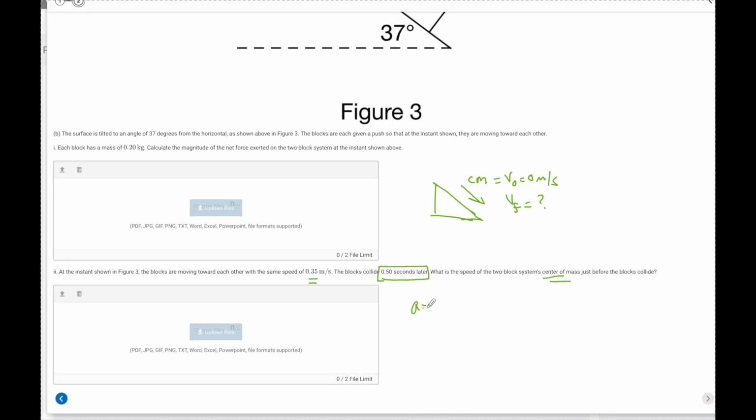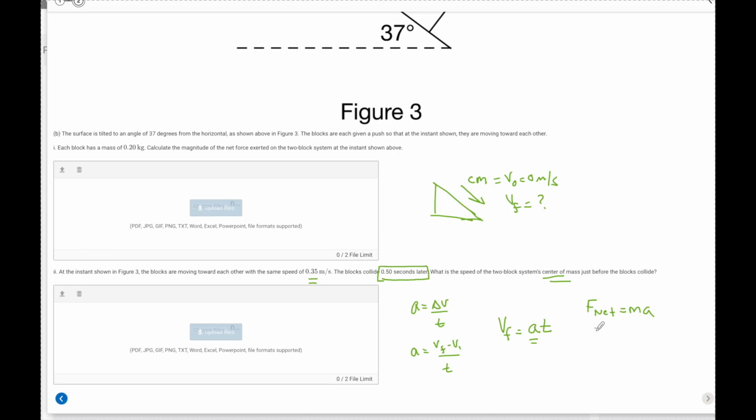Well, I know that a equals delta v over t. So a is represented by v final minus v initial over t. And I said that v initial is equal to 0. So I can say that v final is really just the acceleration of the system times the amount of time that it speeds up for. But I don't know a. Well, I can go back to my old expression of Newton's second law and say that F net equals ma.